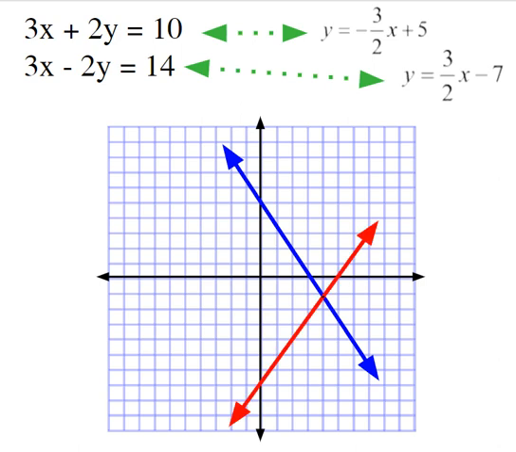Once you graph that one, it's going to be going uphill, up 3 and to the right 2, and that one's going to cross at negative 7. We can see where they're crossing right here. What is that ordered pair? The ordered pair is 4, negative 1. Hopefully you've had some practice here on graphing a system of equations.